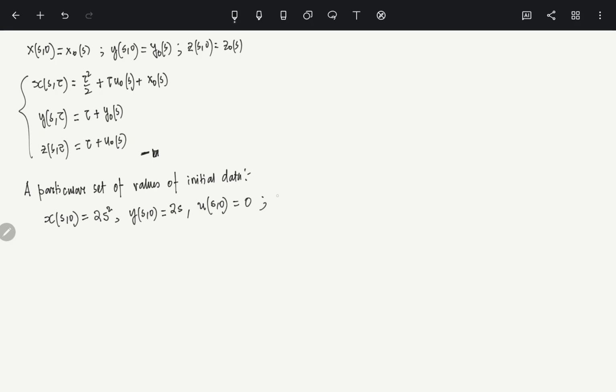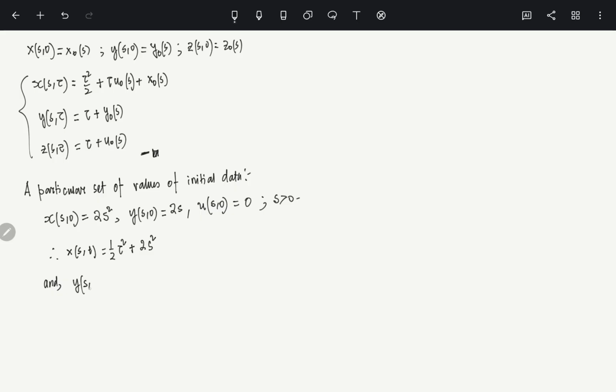And s is positive. Okay, so with these initial data, this is just random initial data, nothing special happening here. If you put all this together, x of s and tau is nothing but half tau square plus 2s square. Clear?